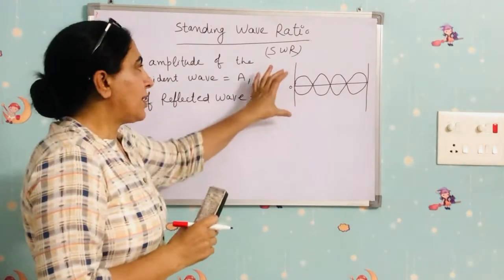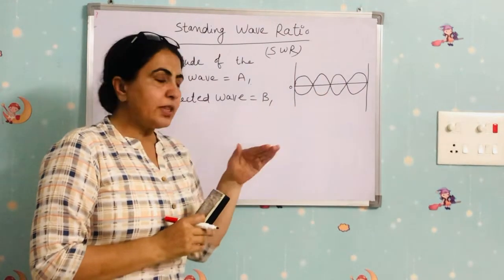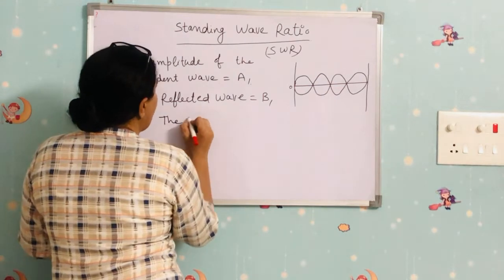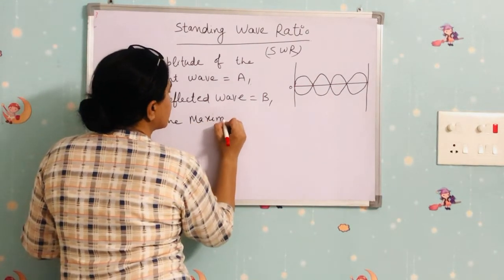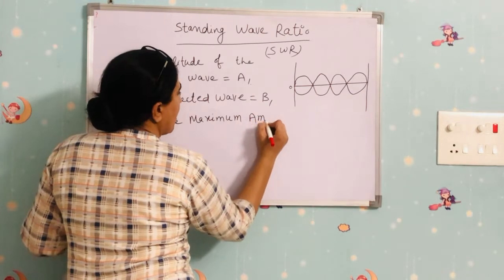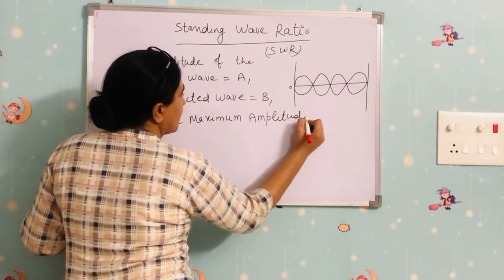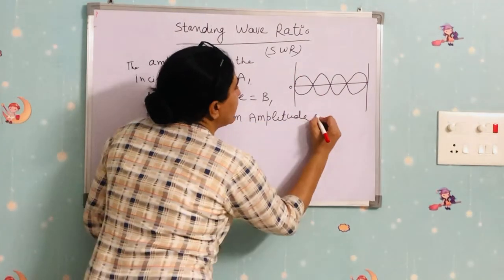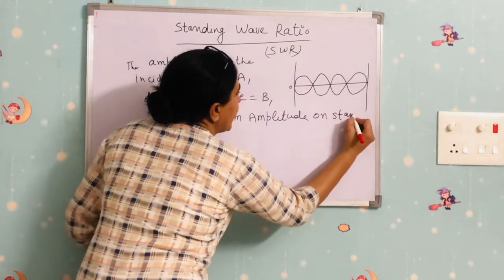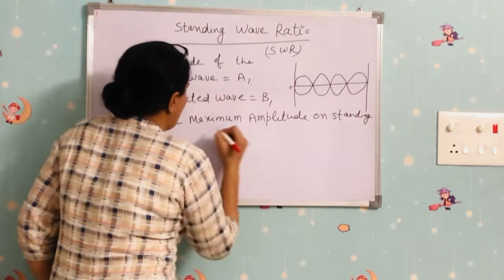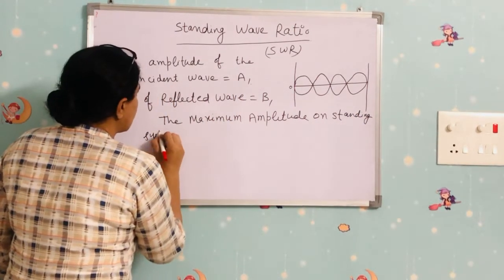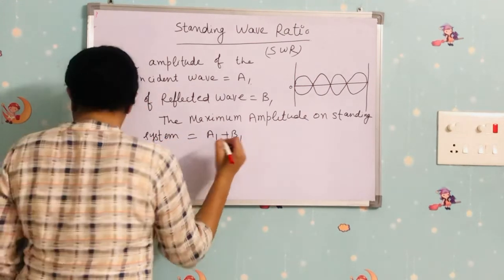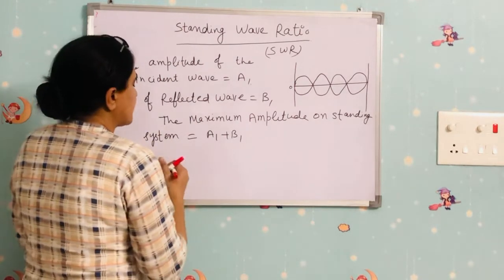Clear? And on this standing system, the maximum amplitude of a standing wave will be A1 plus B1.